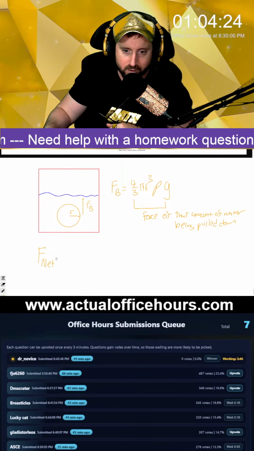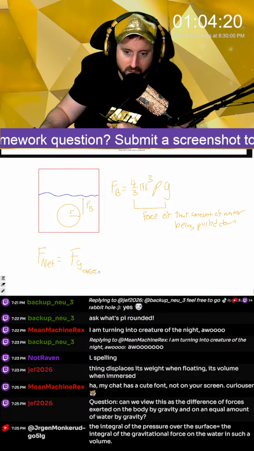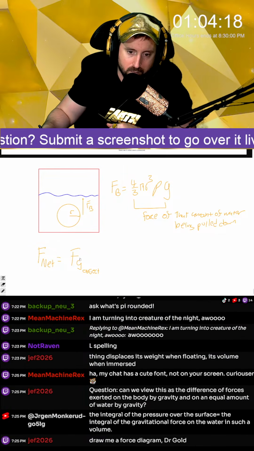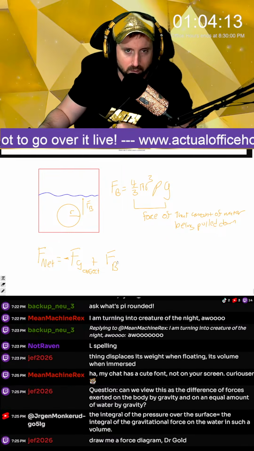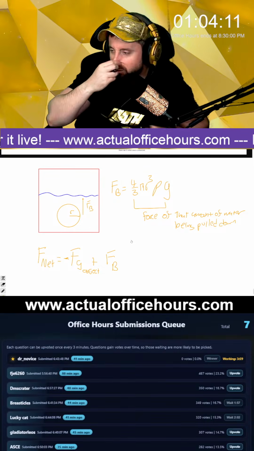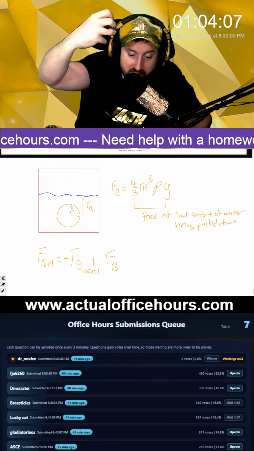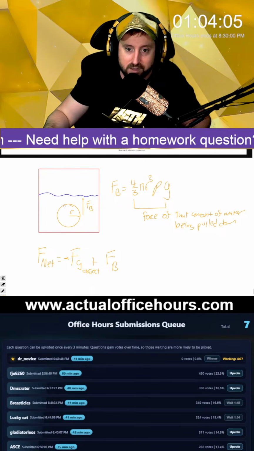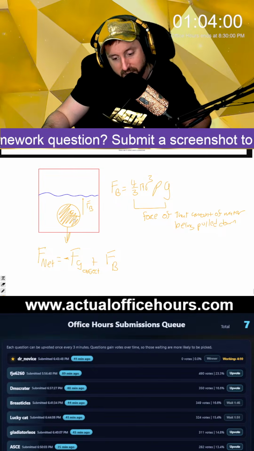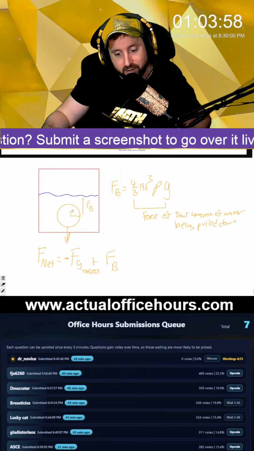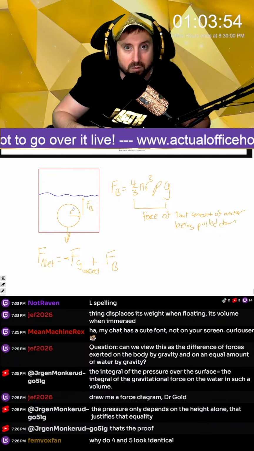The net force would be equal to the force of gravity of the object, negative of that, plus the buoyant force. So there is some force of gravity due to just the container that's displacing that. This is going to have some mass that's pulling it down, but the amount of liquid that it displaces technically pulls it up. So the net force then depends on the balance between the two.